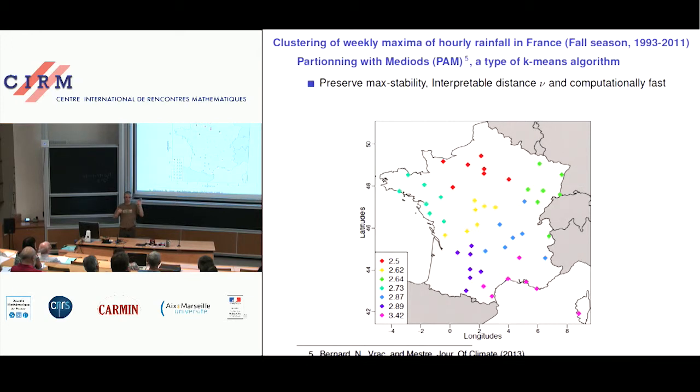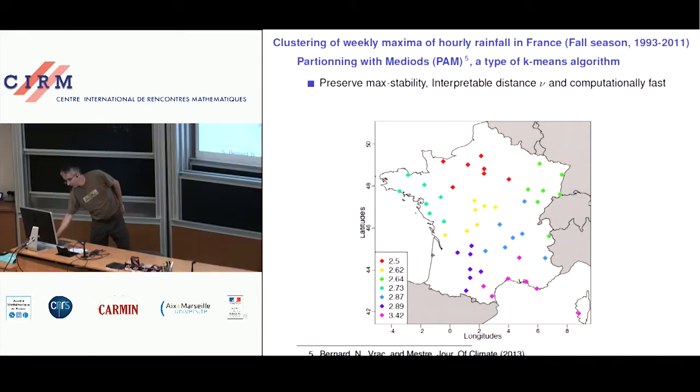We didn't put any geographical information. We didn't give the latitude and the longitude of the stations. But the algorithm was able to find coherent structure. You can see, for example, this cluster here on the Atlantic coast.